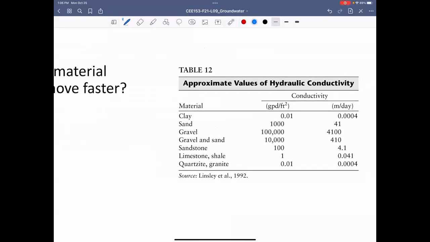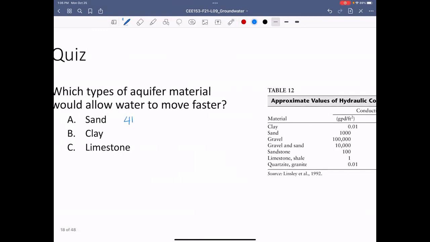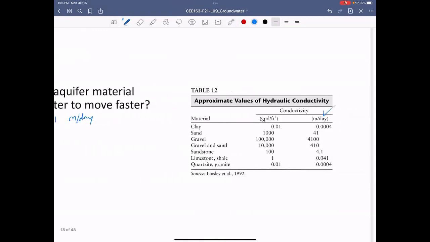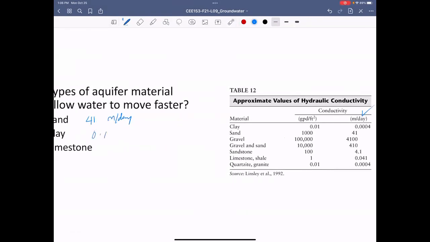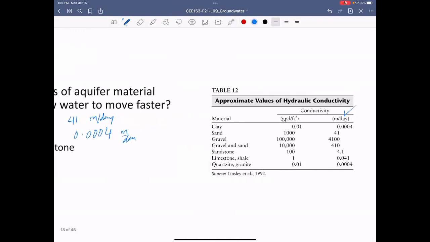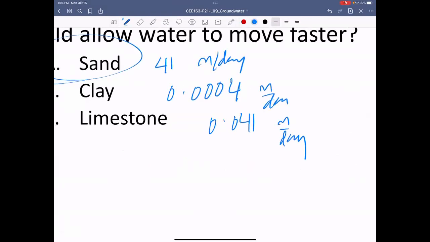Sand is 41, I'm just looking for this one. Clay is a really small number, 0.0004. Limestone is 0.041. That makes sense. From that perspective, clay is so small it almost doesn't move, which is why it is confining.